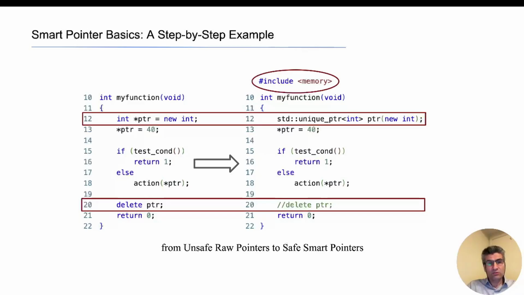In contrast, with the smart pointers, we no longer need the delete statement. The system automatically takes care of releasing that memory when the pointer goes out of the scope. So, if an exception is thrown or the function returns early, the smart pointer still guarantees cleanup. This makes our code much safer and easier to maintain.